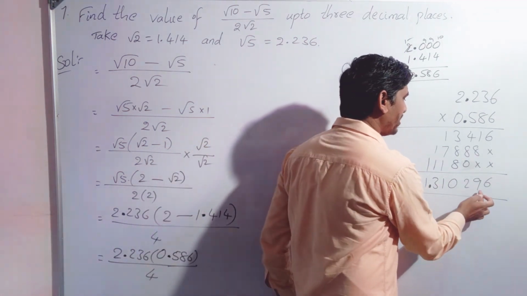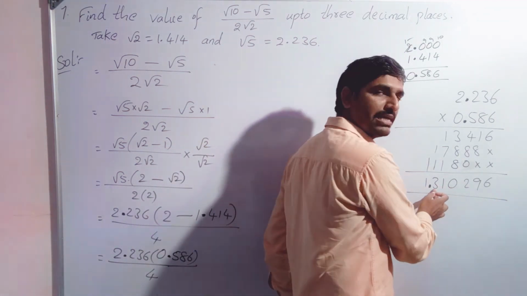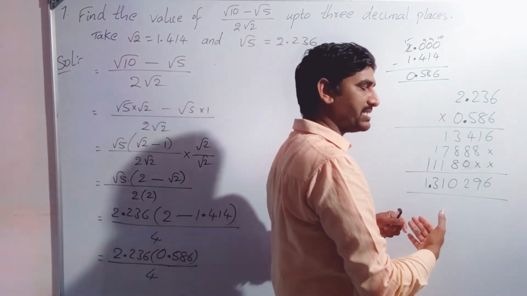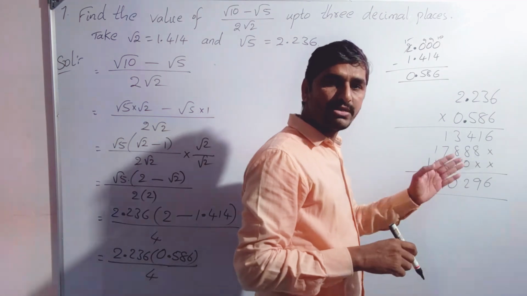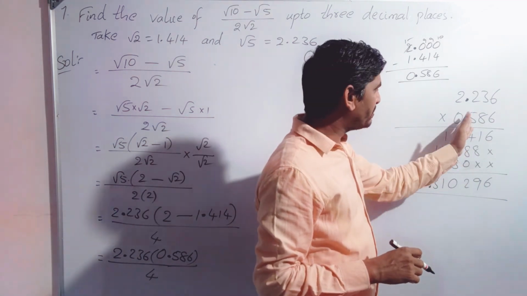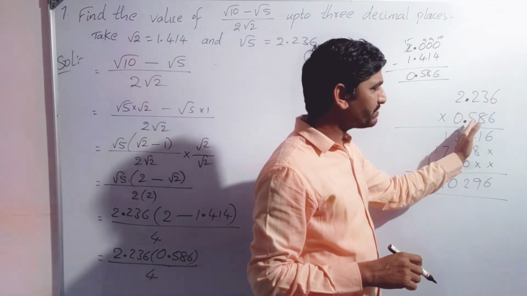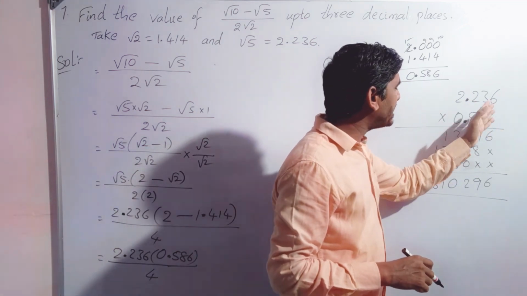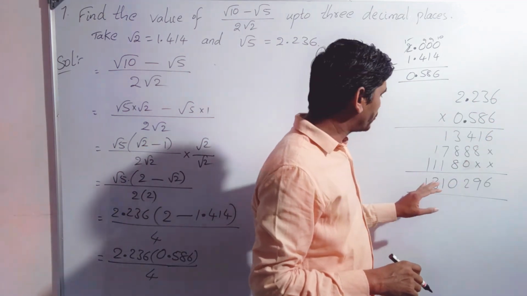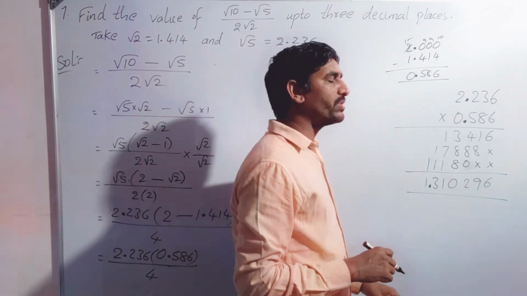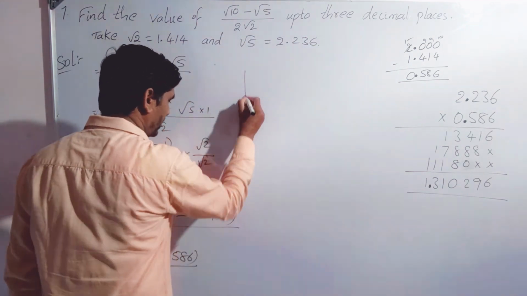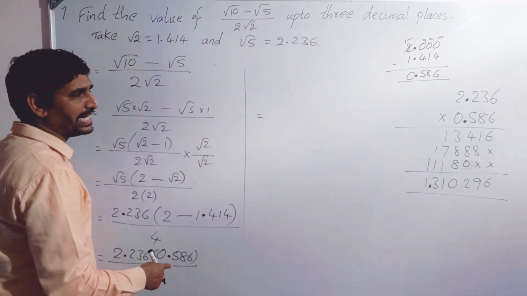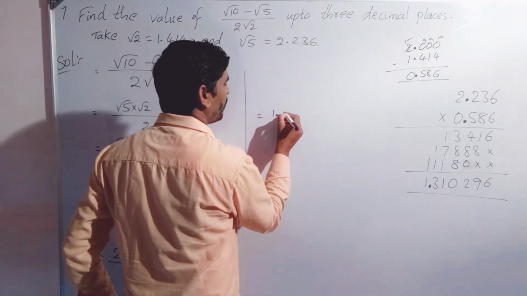Coming back 6 digits, put the point. So this becomes 1.310296, the result of multiplying the numerators.